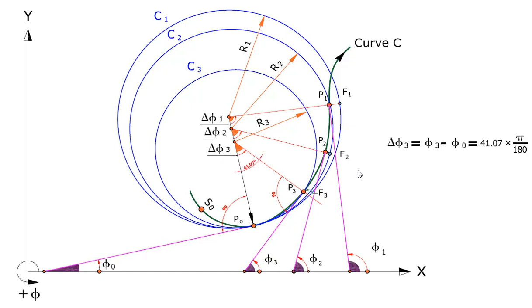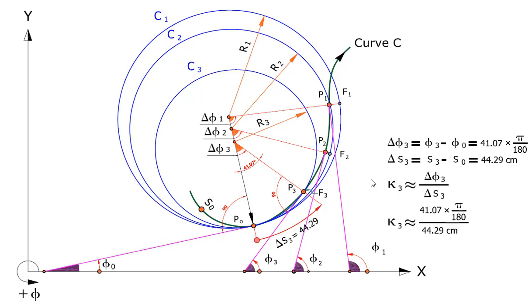We need two things: we need delta phi and we need delta S, and we divide them over each other, and we get the curvature for circle C3, which is equal to 1 over 61.